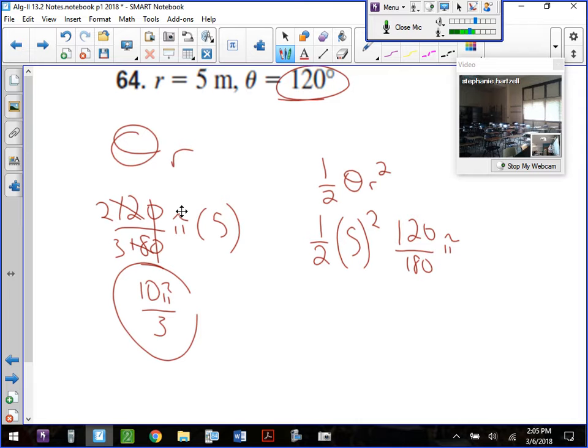So we get 25 times 2 times pi over 2 times 3. So you get 25 pi over 3 units squared. I just simplified it out, because we just did it. I just rewrote it. Does that make more sense?